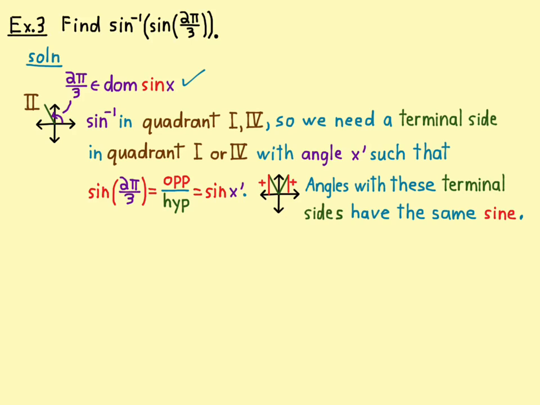So we use this terminal side because it's in quadrant 1 or 4. Specifically, it's in quadrant 1. So this is pi over 3.